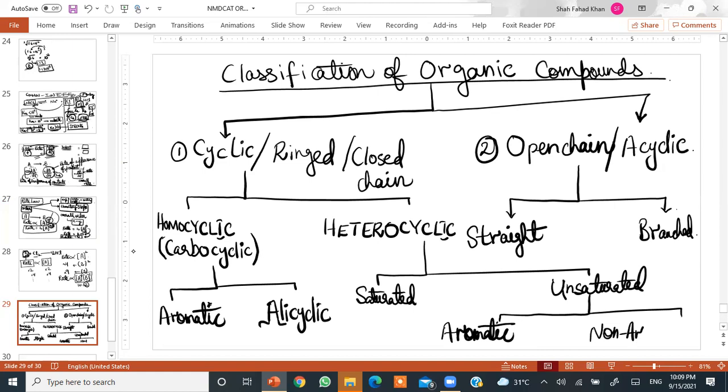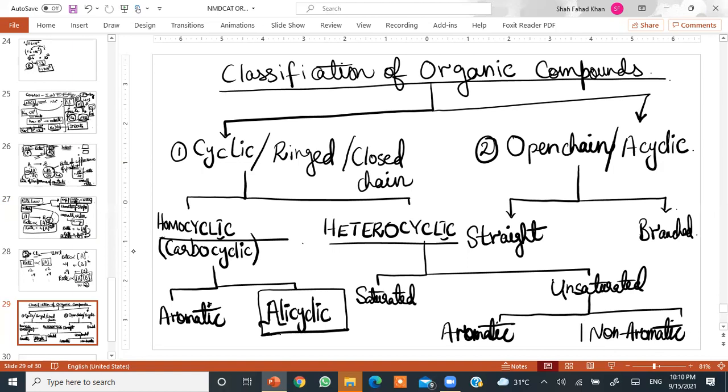Now you don't call them alicyclic, okay? Call them non-aromatic for heterocyclic structures. Alicyclic is only for homocyclic structures, okay? Please keep that in mind. Alicyclic is for those rings which have carbon atoms only in the ring, but the ring is not benzene.